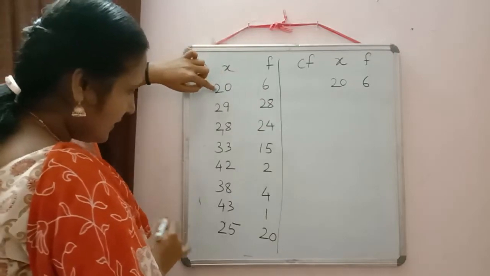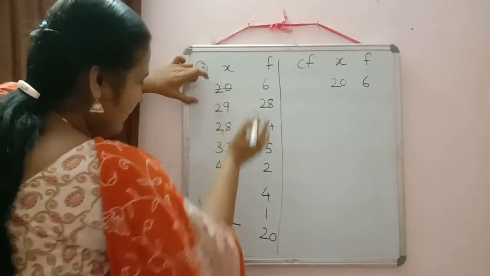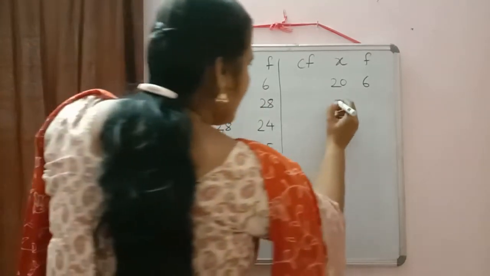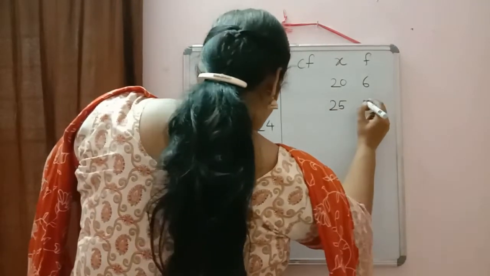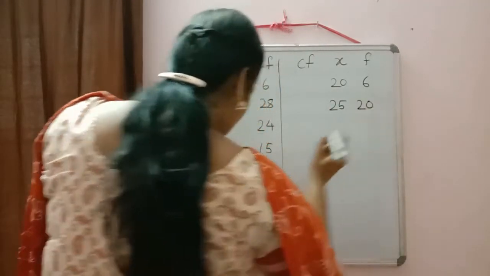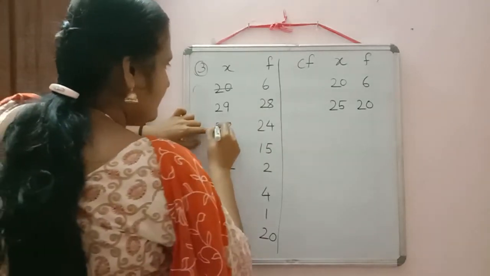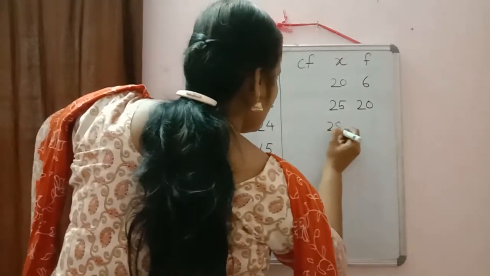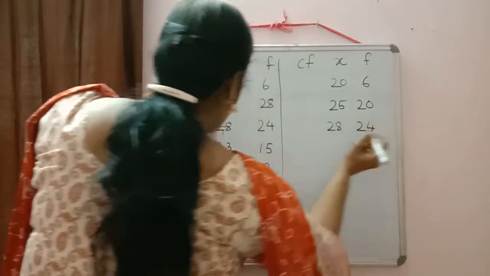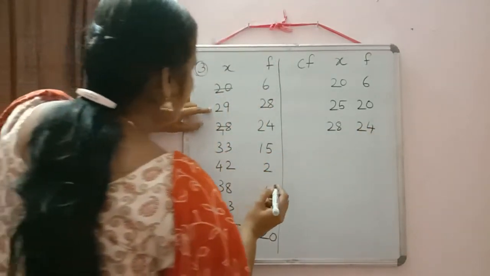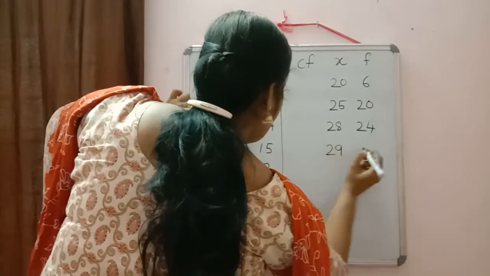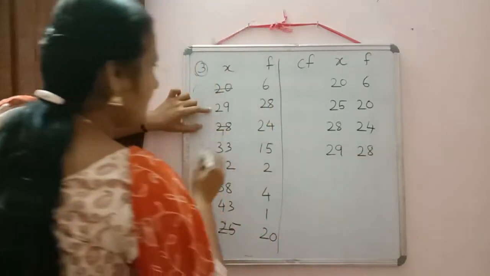After 20 the next will be 25, and its frequency is 20. Then next after 25 is 28, its frequency is 24. Then next is 29, and its frequency is 28.